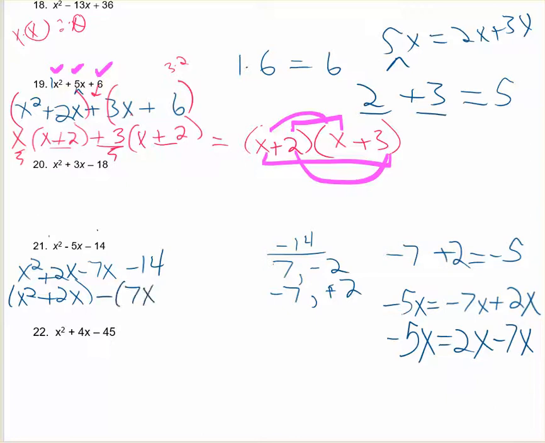There's the 7x. But this has to be a plus 14. Because when you multiply this back, you'd have negative 7x, and then you'd have negative 14. If you had put a minus sign here, a negative times negative would be plus, and you would not have the same thing that you started with. So be very careful when there's a negative. That's why I said if there's only one negative, it's easier to put it first. So it would have been easier to write this as this one.